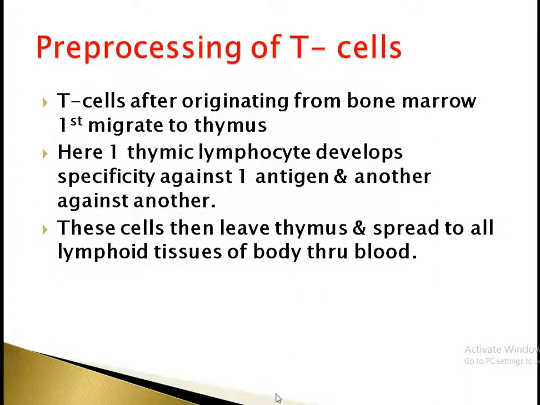Pre-processing of T cells and B cells is very important. Once these cells are formed, they come to the thymus. Here one thymic lymphocyte develops specificity against one antigen and another against another.